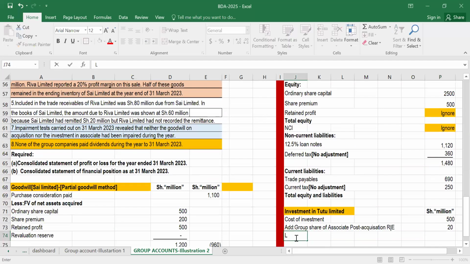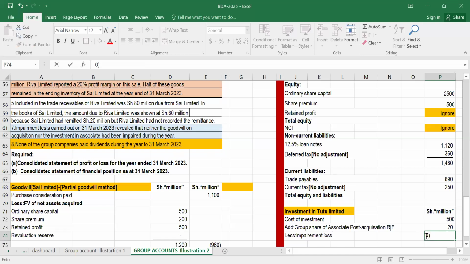And then to this, we deduct any impairment loss. I hope you can remember equally there is some information we were given here in note 7. Impairment test carried out on 31st of March 2023 revealed that neither the goodwill on acquisition nor the investment in associate had impaired. So the investment in associate had not impaired.